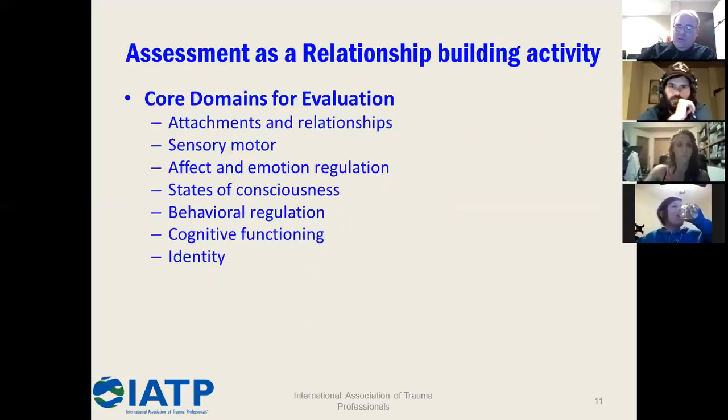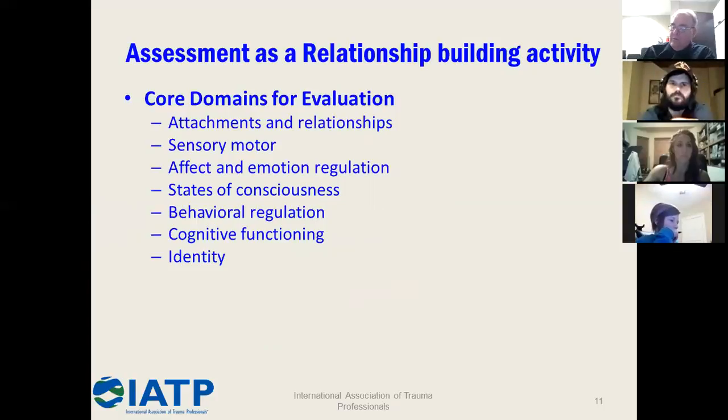Part of what we're also looking at is what you're always going to be evaluating when you start looking at assessments. These are some of the basic things you want to make sure you're looking at. What we have done traditionally is over-focus on emotion and behavior, rather than understanding that when we're dealing with highly dysregulated people, those are just evidence that dysregulation has gone on.